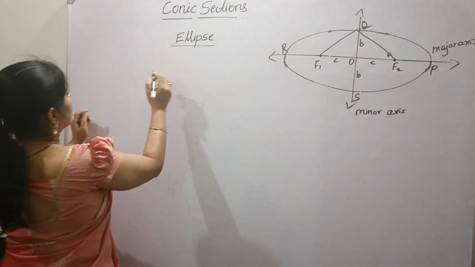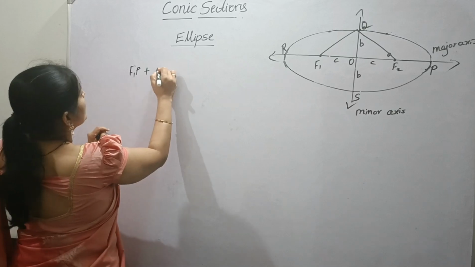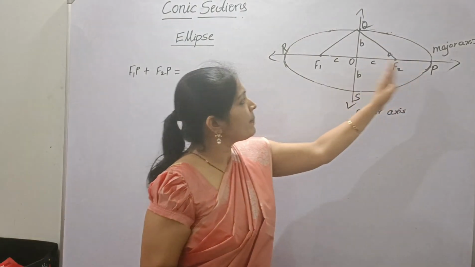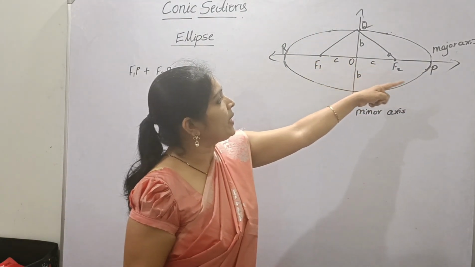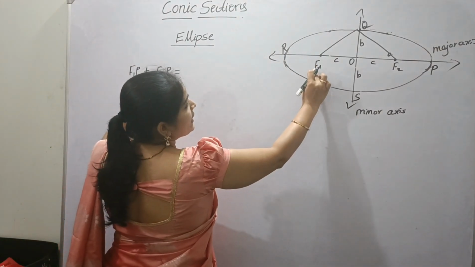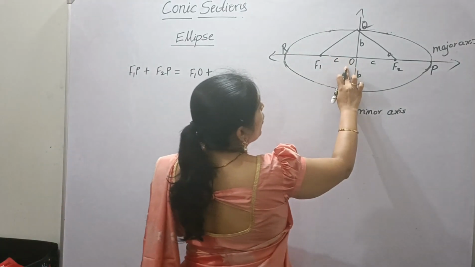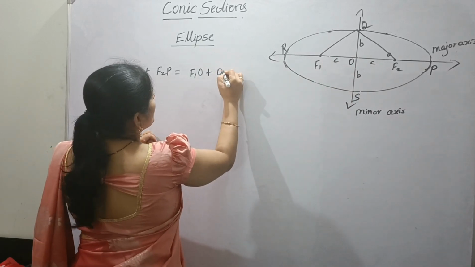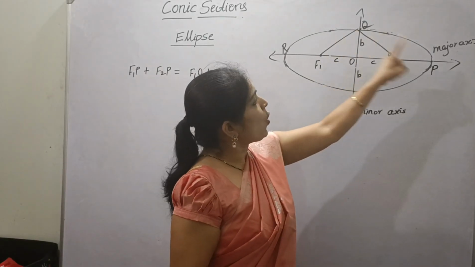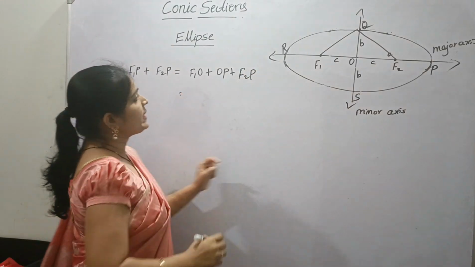Now let us find F1P plus F2P. How can we write F1P? F1P is nothing but F1O plus OP, right? Plus F2P. What is F1O?